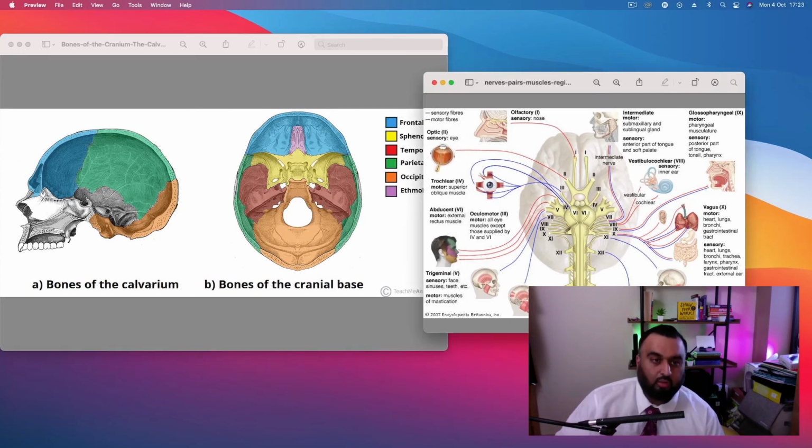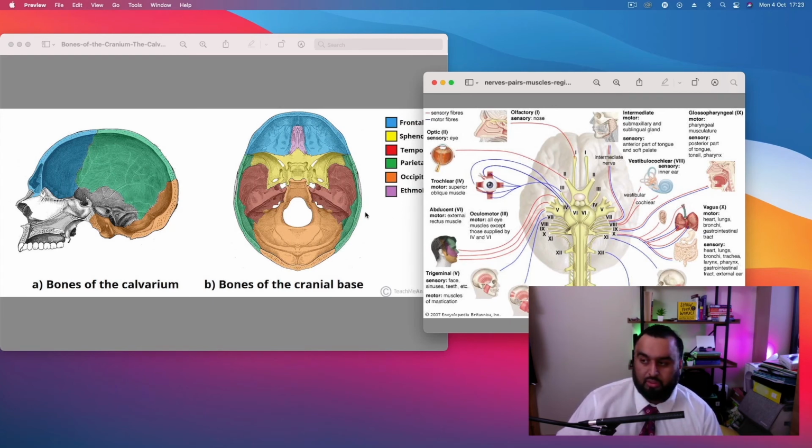Okay, so cranial nerve number 9, you've got the glossopharyngeal nerve, which has both motor and sensory parts. Sensory being responsible for sensing the posterior part of the tongue, tonsils, pharynx, or generally the muscles in the pharyngeal region, for example the stylopharyngeus, and also it has a branch that supplies the parasympathetic innervation for the parotid gland.